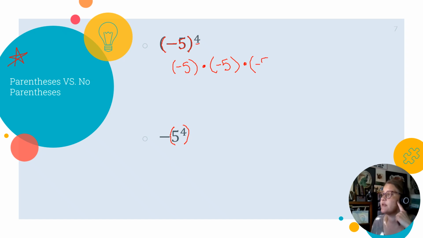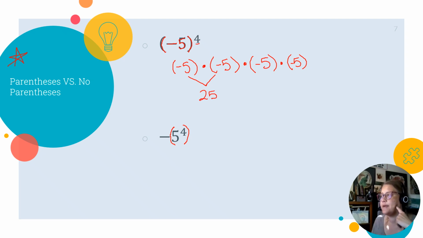Now, if we think about those properties of multiplying and dividing negative numbers, we know when we multiply a negative by a negative, it becomes a positive. So -5 times -5 is positive 25.